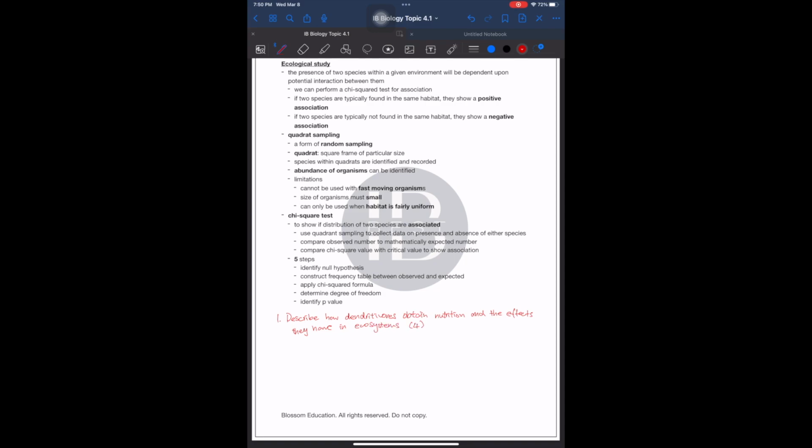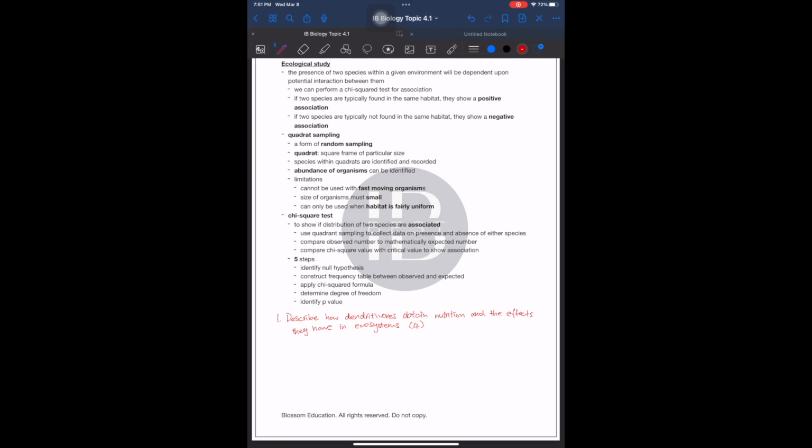Okay, so that's for 4 points. There are quite a few points that you can talk about for that. It's important to remember that you have to talk about both how they obtain nutrition as well as how what they do can affect the ecosystem. So this question will play into nutrient cycling as well as modes of nutrition, specifically for detritivores.